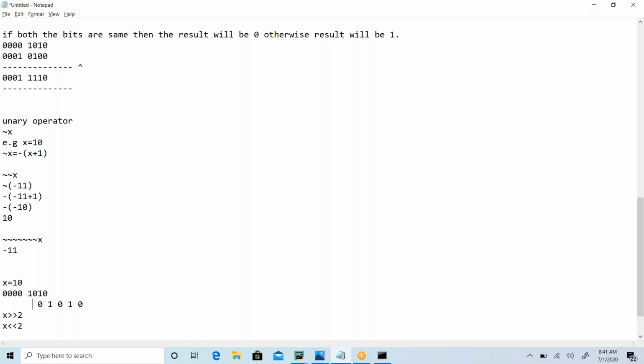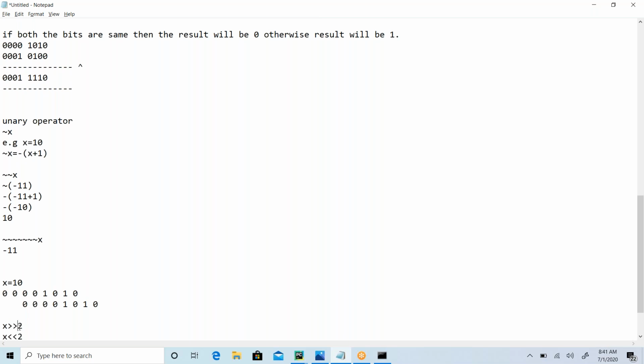So basically it is going to shift towards its right side. Is that clear, guys?